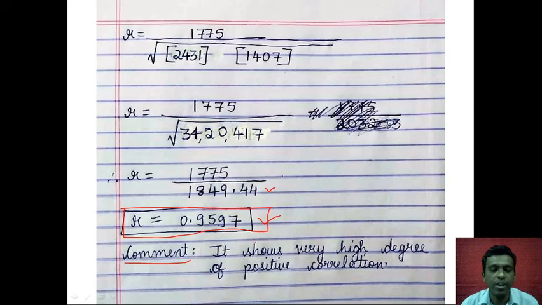The other part, that is a little difference, minor difference, may be because you have left some digits from your calculator and you approximated. So in approximation they may get changed, but you will get an answer that is 0.95 something. So my answer what I got when using change of scale and origin is 0.9597.